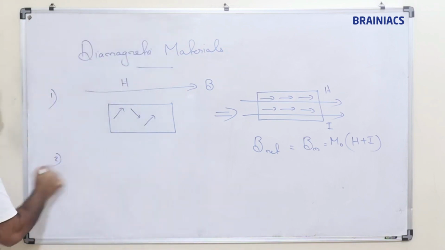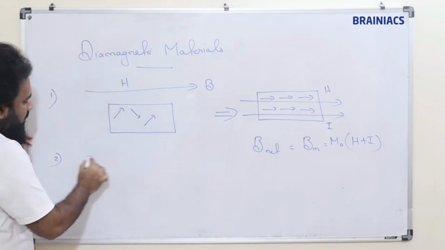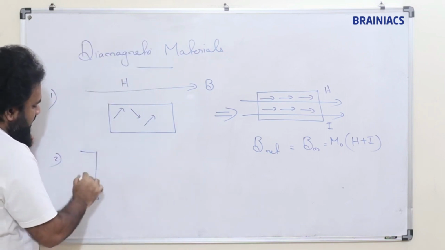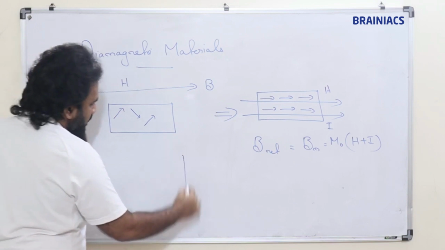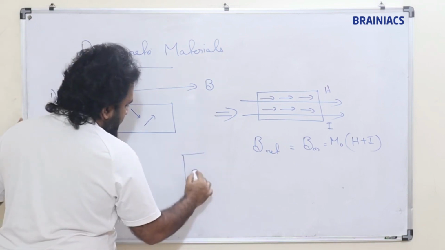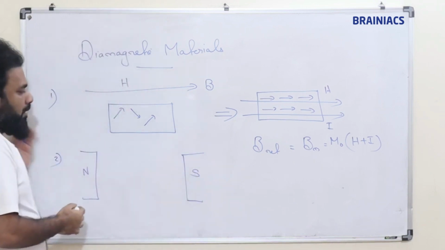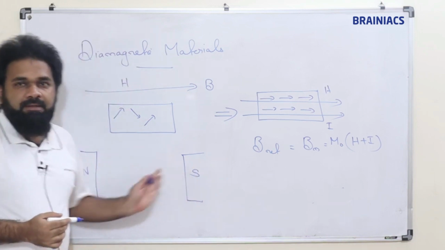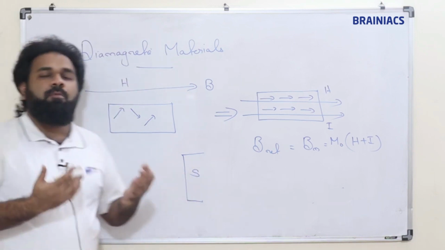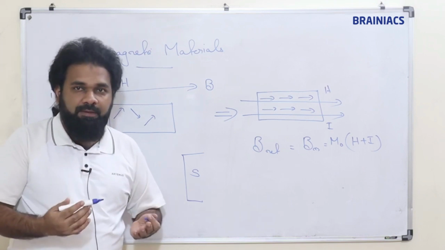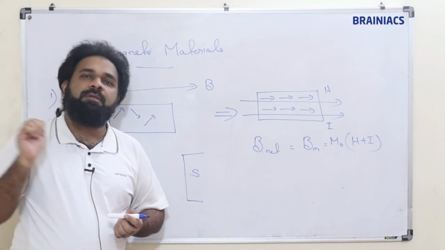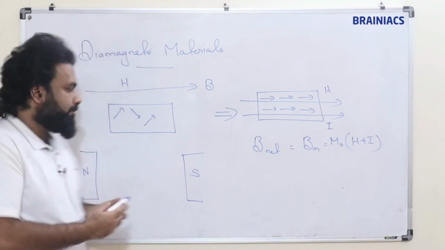The second point is, suppose for example this is the North Pole and this is the South Pole, or using any other method we are supplying a magnetic field.